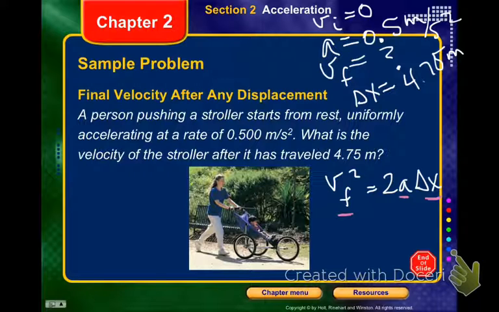So at this point you're going to plug in your information and solve, and the rest of the PowerPoint will show you how they actually solve for this, but I'm trying to explain how you pick out which equation to use.